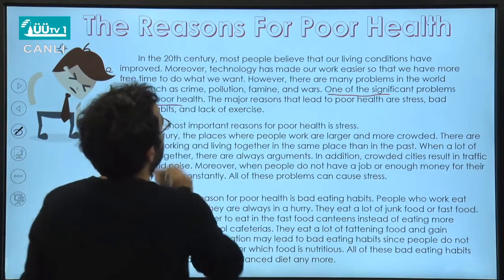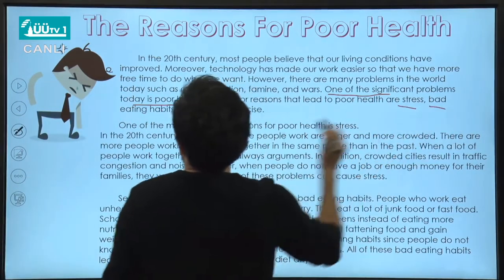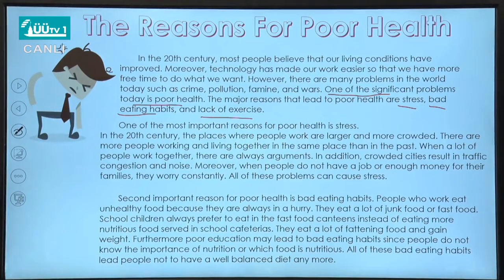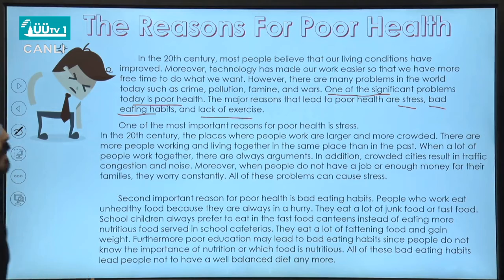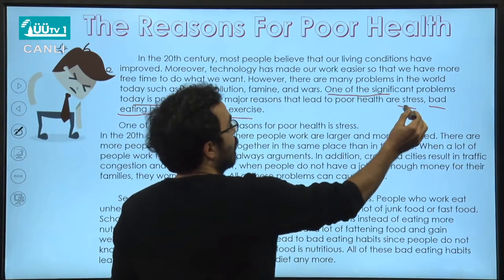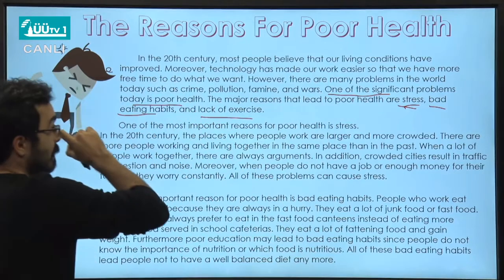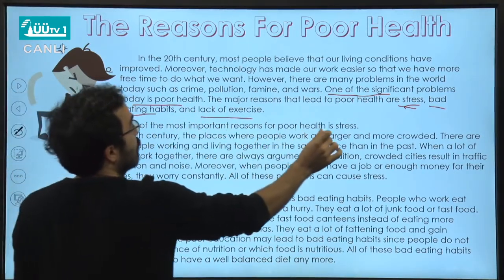And here, the major reasons that lead to poor health are stress, bad eating habits, and lack of exercise, right? Now, I have my different ideas here, and it's going to be explained, right? Your other body paragraph will include these categories actually. So, one of the most important reasons for poor health is stress.